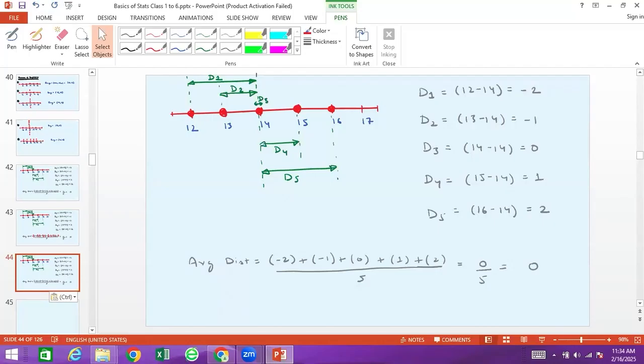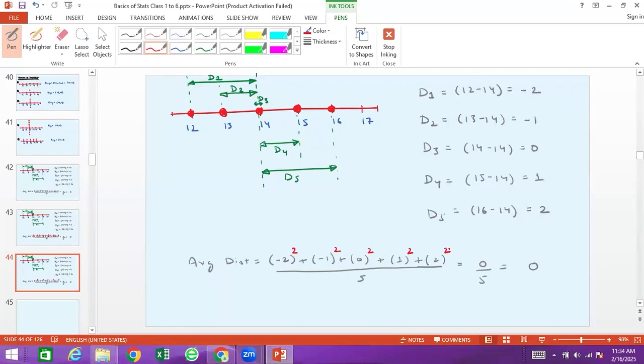Now, in statistics, and you can take this as a rule, you will not find any exception to it. In statistics, whenever we want to remove the sign, we will always be taking the square. We will not be taking the absolute.